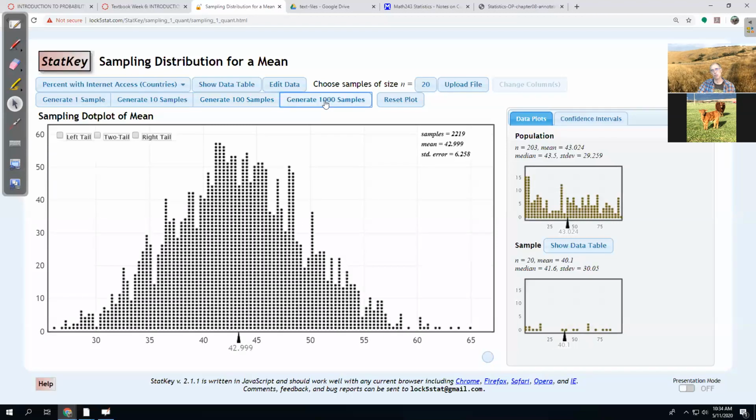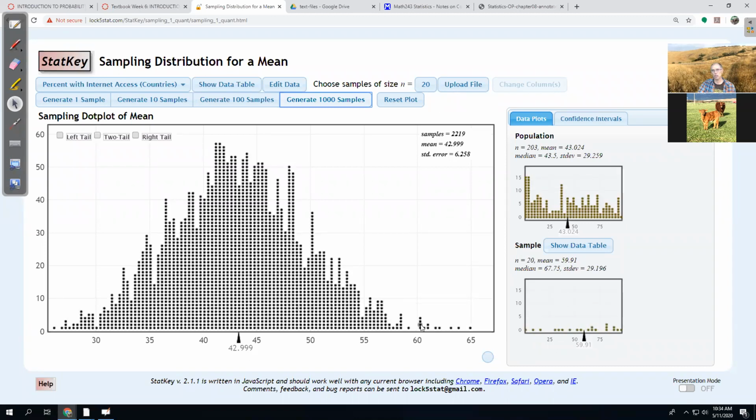So every time I click generate 1,000 samples, I've now made, with this computer's help, shuffling this deck of 203 cards, 2,219 samples. And every point on here is only the mean of that sample. And so if I point to a point on the right here, it shows what that sample looks like.